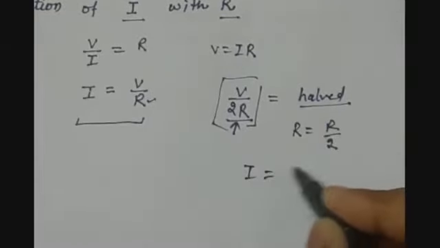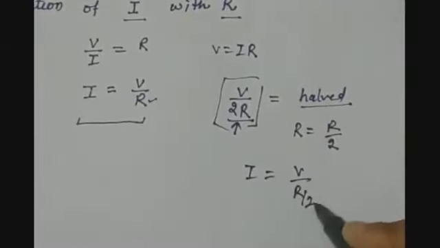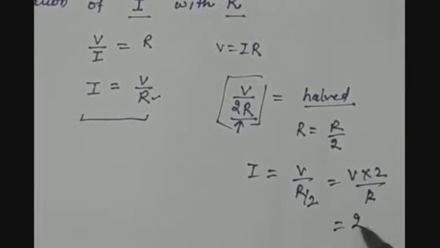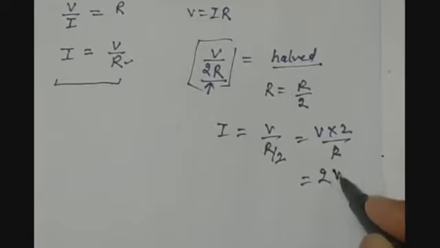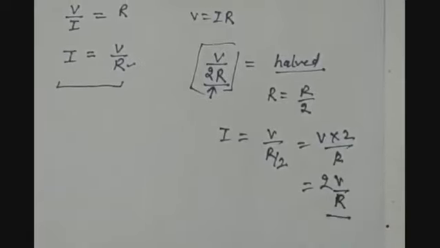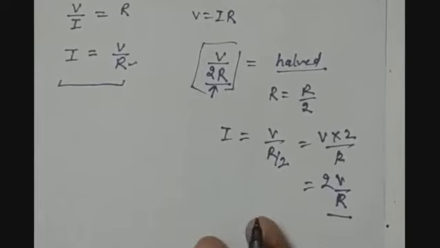I will be V upon R by 2, that means V into 2 by R. That means we will have double the value of current as we were having earlier if we have halved the resistance of the conductor. So this is how current varies with the changes in the resistance.